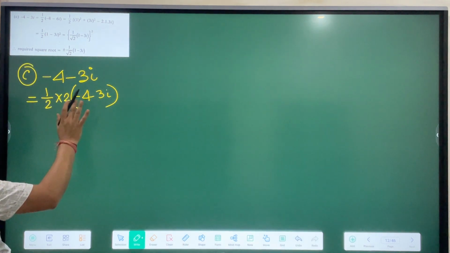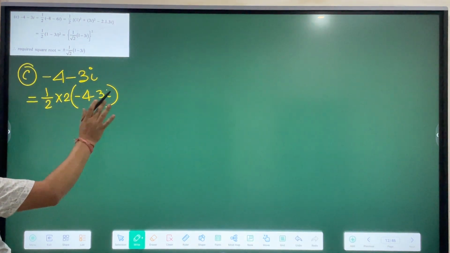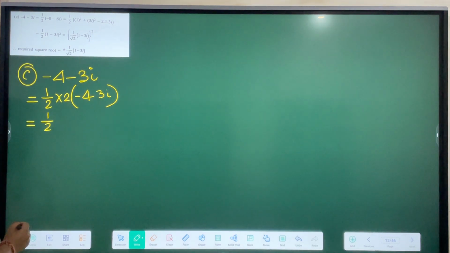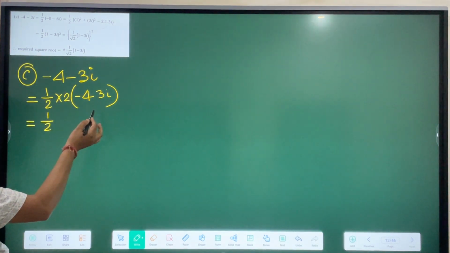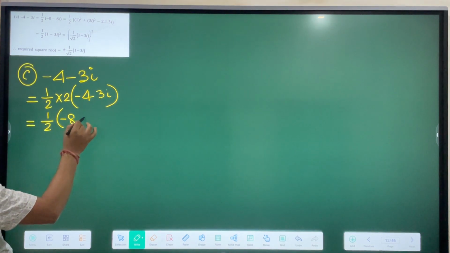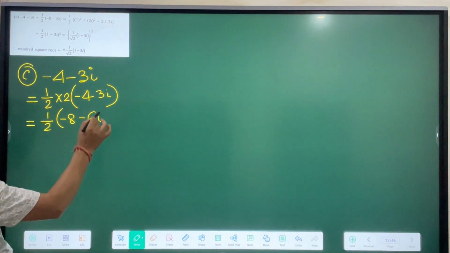Whatever is done is exactly the same. If we do back calculation, we will get it as it is. So 1 by 2, let us keep as it is. Now 2 will multiply inside. 2 into minus 4 is minus 8. Okay. 2 into 3 is 6i.